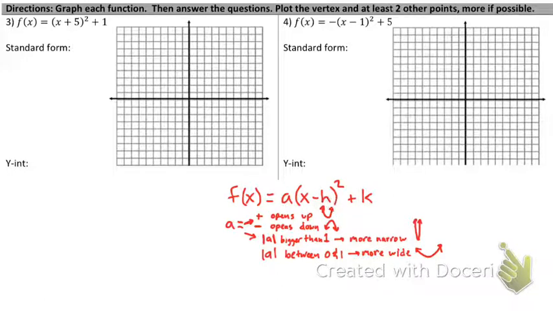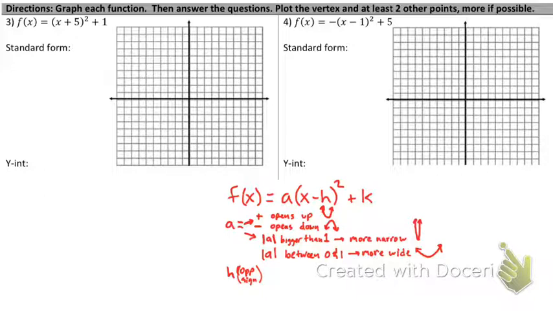All right, so H value, what does it control? So before we do H value, the true H value is always the opposite of our equation, which I will show you in a bit. So think opposite sign, okay? So we're dealing with H value, opposite sign.